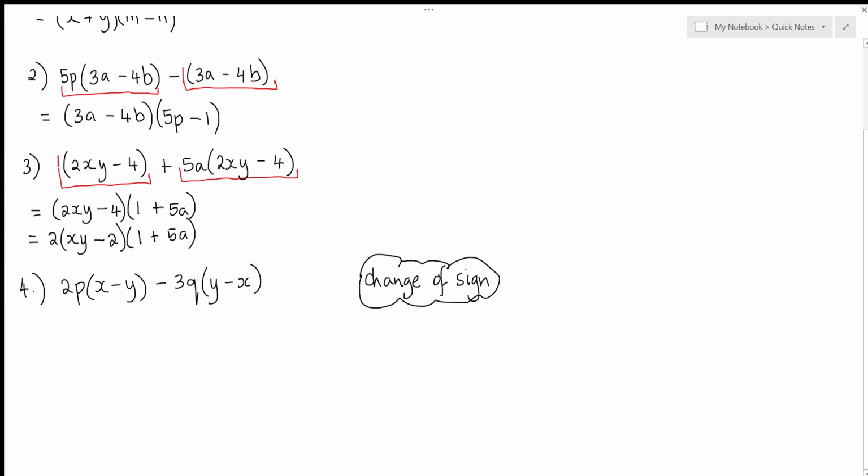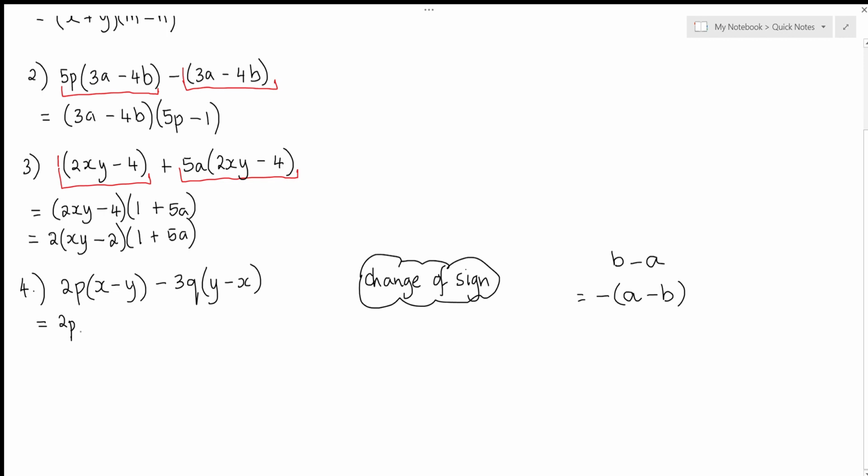There we have a positive y, and here a negative y. So if I had b minus a, and I wanted to make a positive, I would have to take out a negative. We call this change of sign. So a negative times what would give me a negative there? It would be a positive a. A negative times what would give me a positive? It would be a negative b. So in order to get them identical as in x minus y, y minus x, we would need to take out a negative. So let's have a look at how we're going to do that.